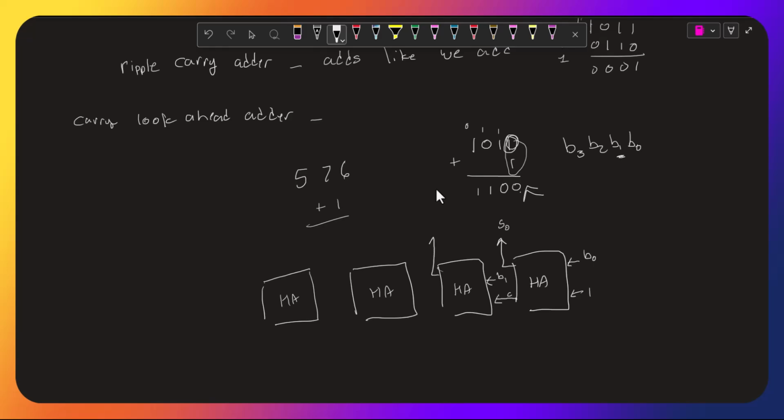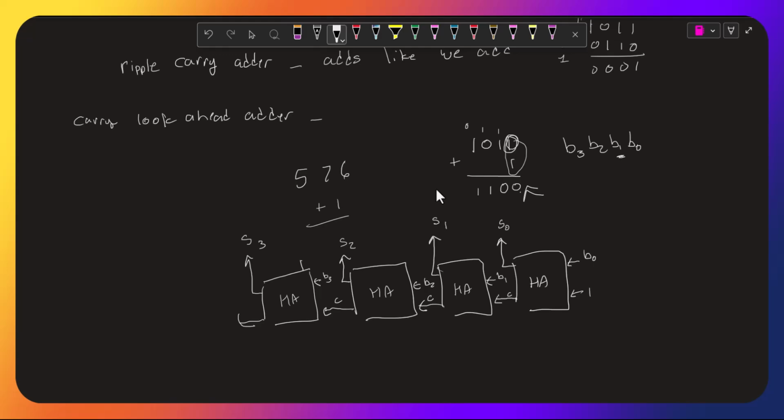And then I will output the sum here, and the carry here will go there, and my other input will be B2, and then sum 2, and I'll have the carry, and B3 will go here, and my output will be S3. I also have this carry, but I'm not doing anything with it.